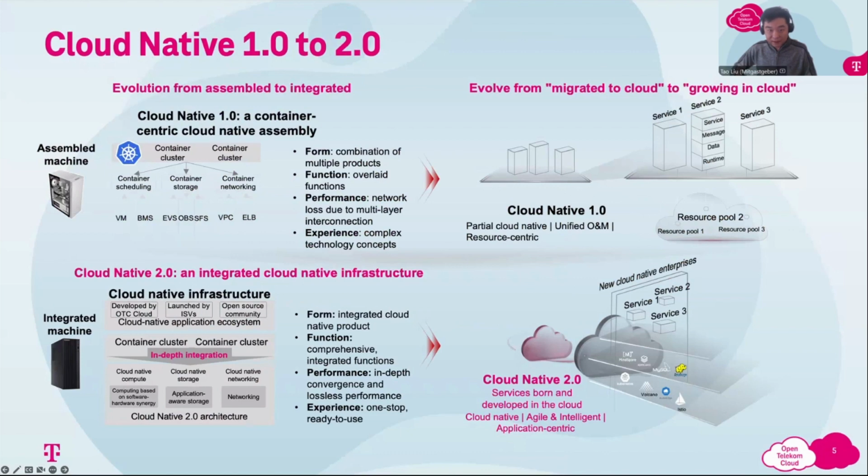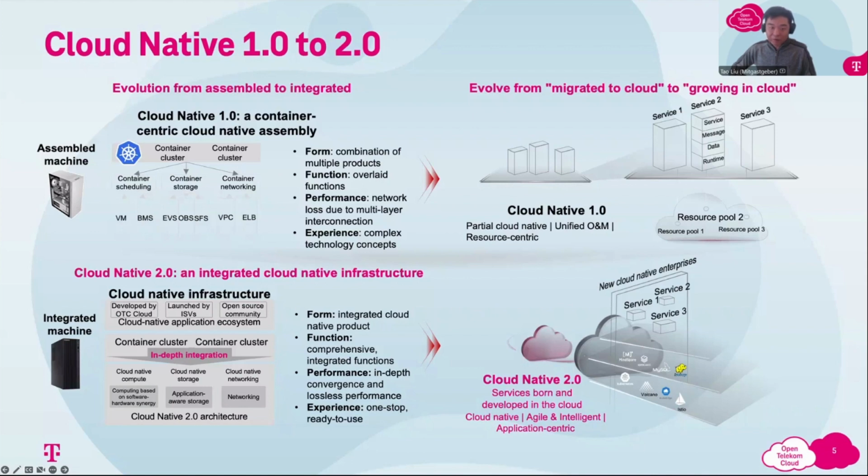At OTC, it is CCE, a container service based on Kubernetes. But these products are partial cloud native services. They are still resource centric, just like an assembled PC. The applications on them are just grown in the cloud.